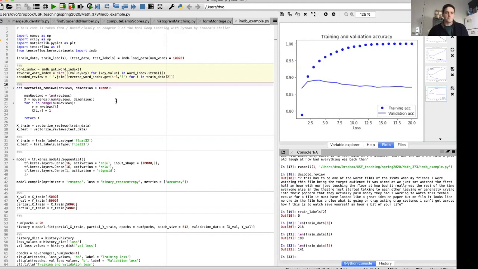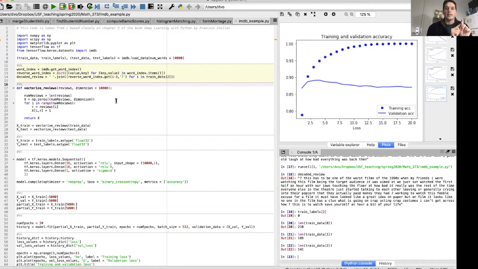Here's what we're going to do. You know how there's 10,000 words in our dictionary? Each movie review is going to be represented by a vector with 10,000 components. And each of those components is going to be either 0 or 1. The first component is going to be 1 if the first word in the dictionary appears in the movie review.